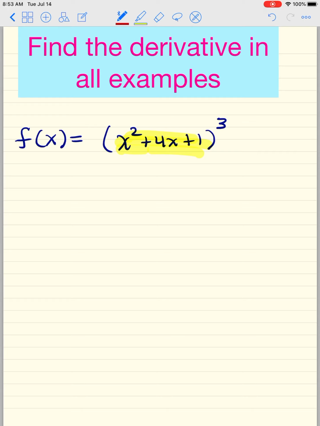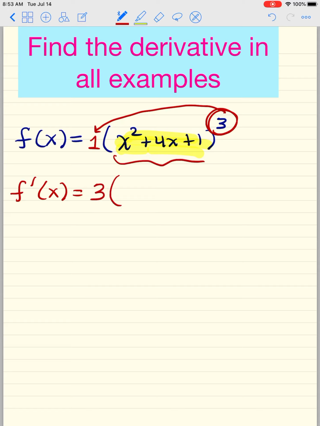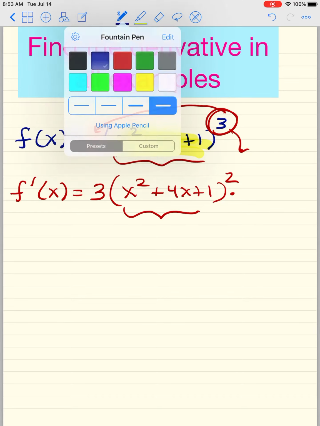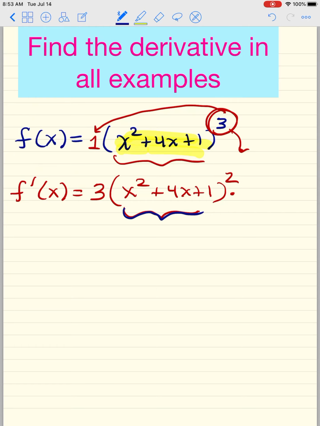In this example, I want us to find the derivative, so I'm going to start with f prime of x. The way we do that is we take this power just like a power rule and we multiply it with the coefficient in the front, which is in this case 1. Then you recopy inside the parentheses just the way it is, and you reduce this exponent by 1, just like the power rule. Now there's only one extension. You multiply by the derivative of the inside, which is 2x plus 4.